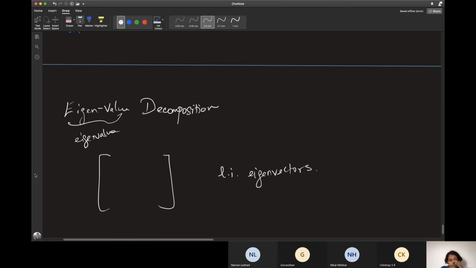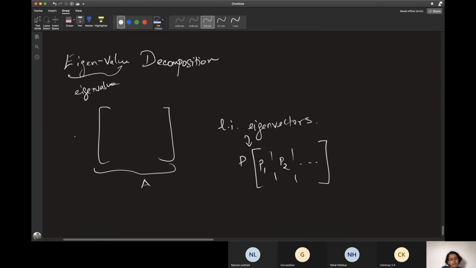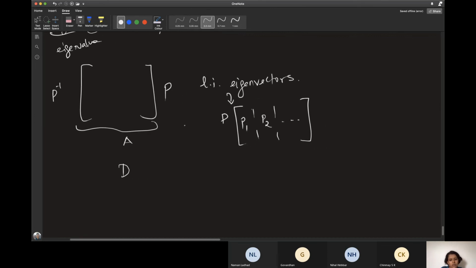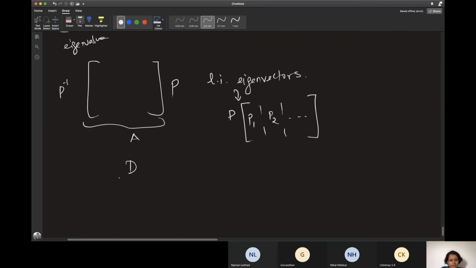Let's just say this matrix is A. If you arrange the eigenvectors of the matrix, I mean, each of these columns must be eigenvectors, this P1 is one eigenvector, P2 is some eigenvector, and so on. Then you can write P inverse AP as some diagonal matrix, whose diagonal elements are eigenvalues, lambda 1 and so on, and apart from that everything will be 0.